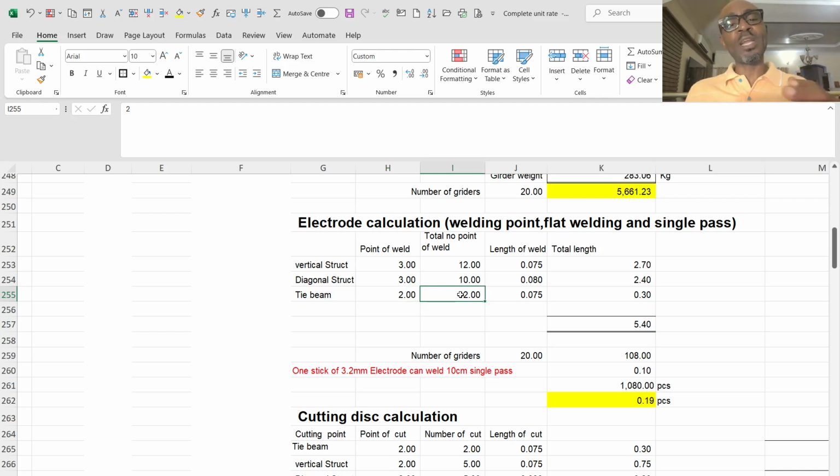You need to weld the angle iron together, and the location you're going to weld is all through the 75 by the other 75 length.